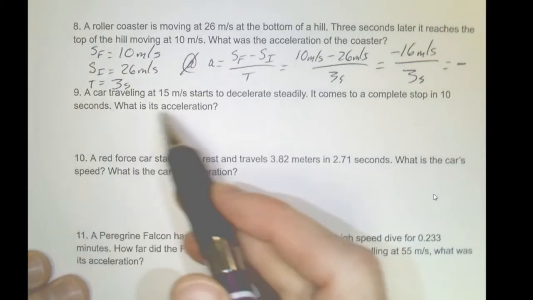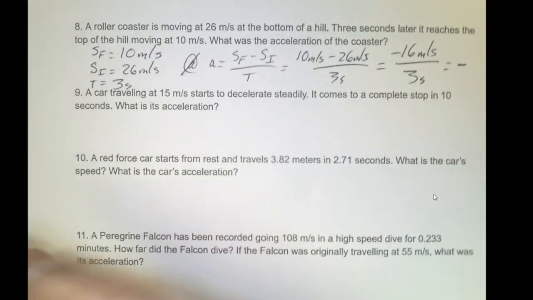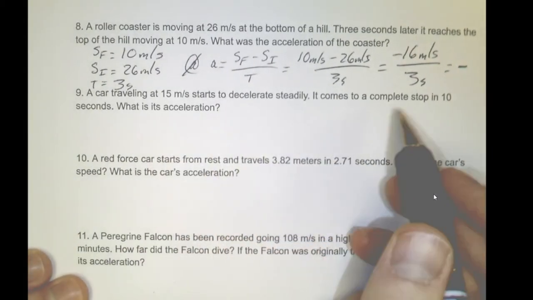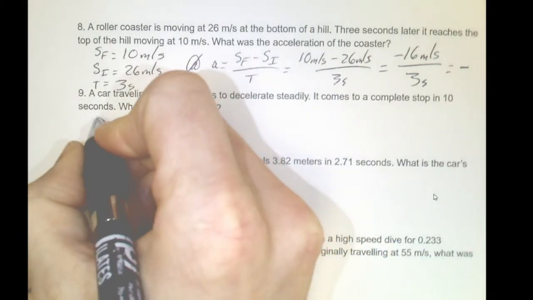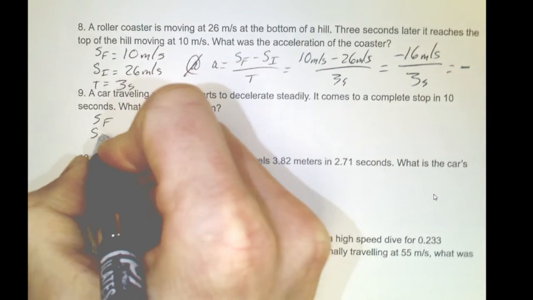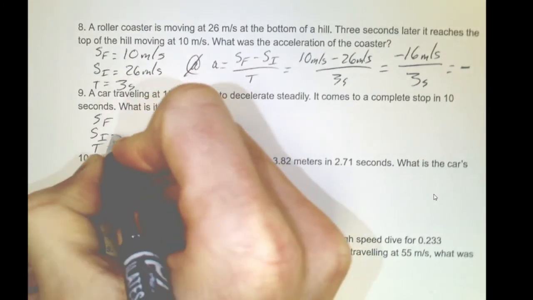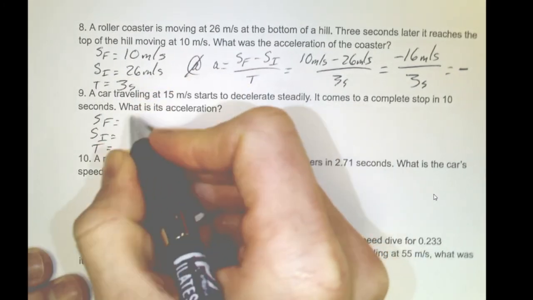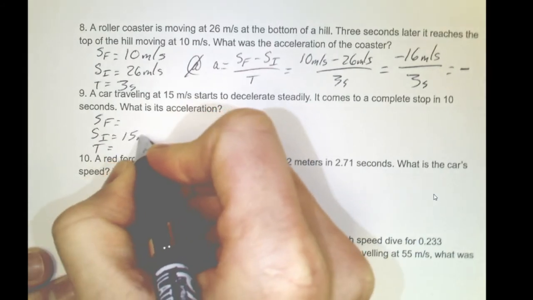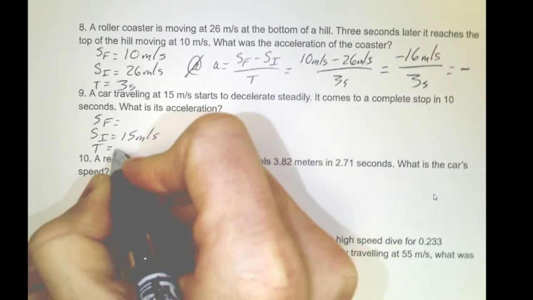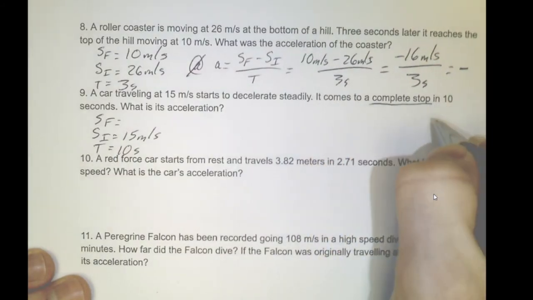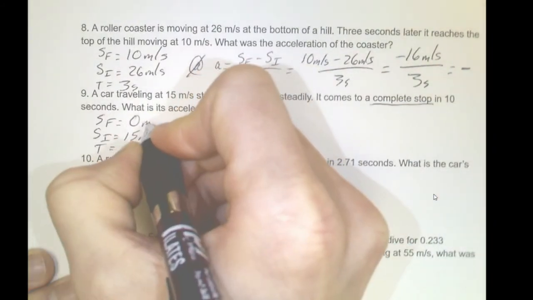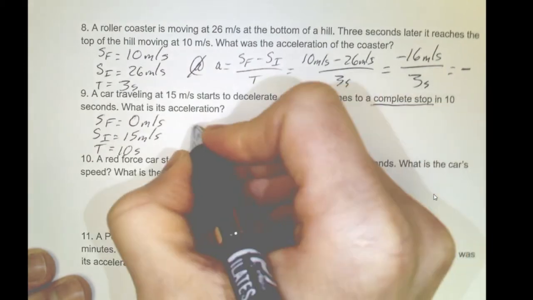Number 9, a car traveling at 15 meters per second starts to decelerate steadily, and it comes to a complete stop in 10 seconds. What's the acceleration? Final speed, initial speed, and time. So it's traveling at 15 meters per second and slows down in 10 seconds, and complete stop means that it's going 0.